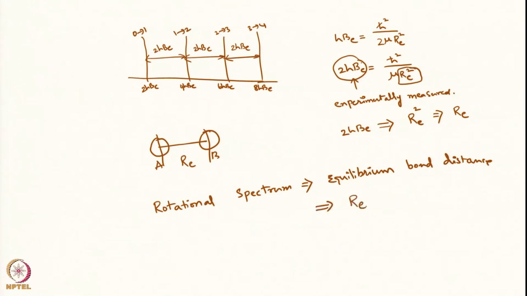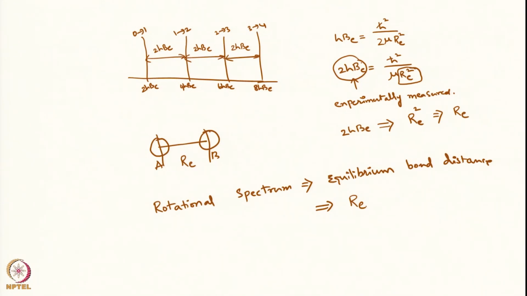So, rotational spectroscopy is the only spectroscopic method by which one can estimate the bond distances, that is geometrical parameters. No other spectroscopic technique can measure bond distances as the rotational spectrum can do.